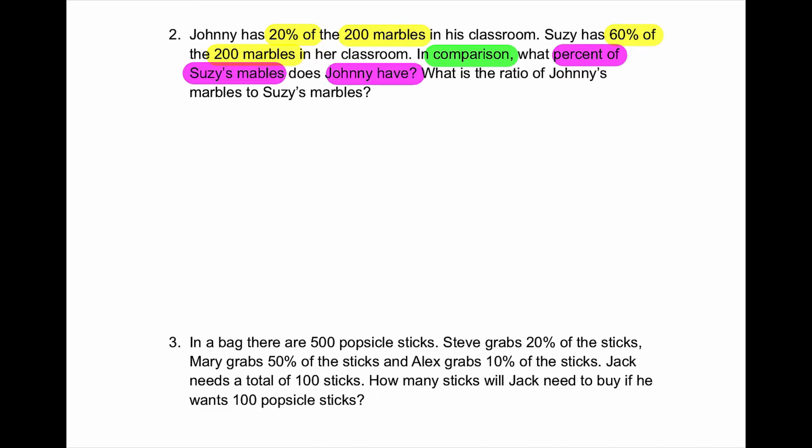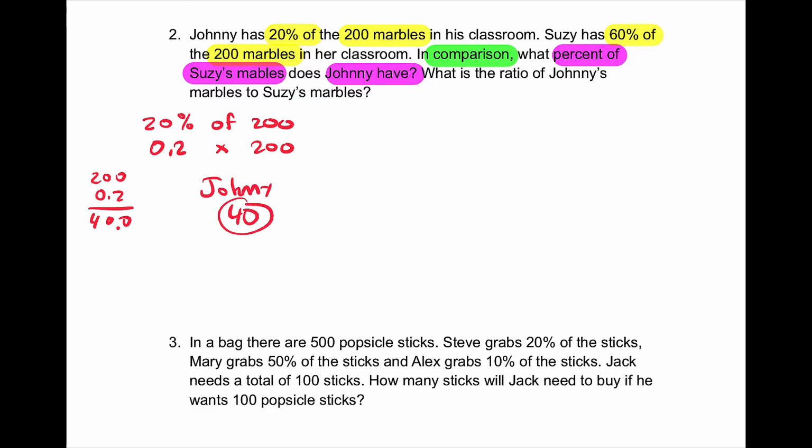Okay, well, first thing we're going to need to do is take a look at the number of marbles that Johnny has. So if I take 20% of the 200, that basically breaks down to a 0.2 times the 200. And if I do this over to the side, we can see that Johnny has 40 marbles.